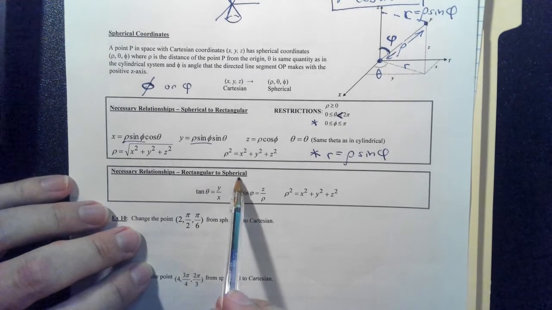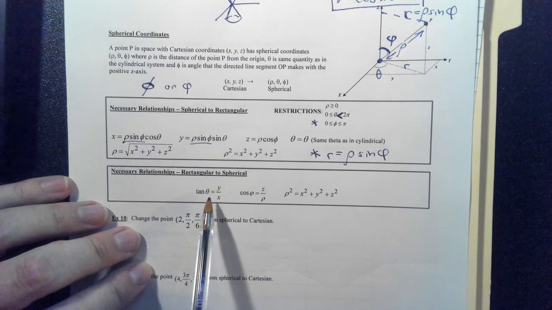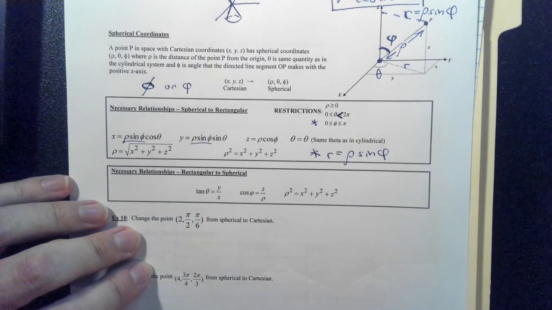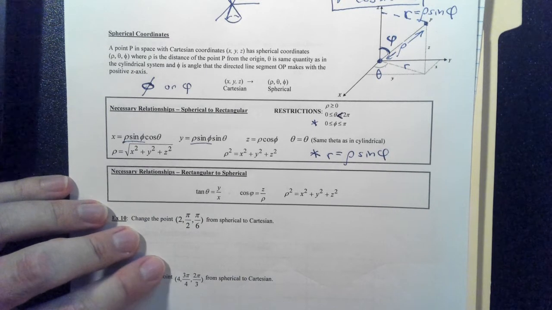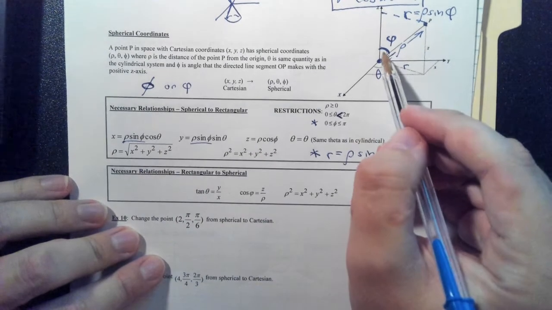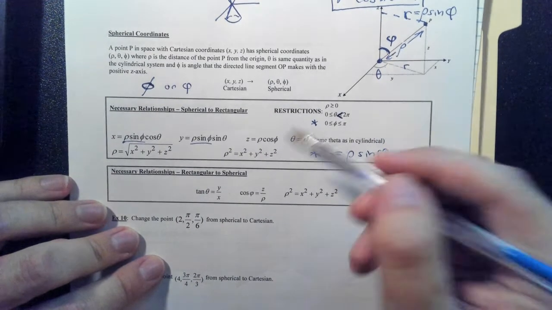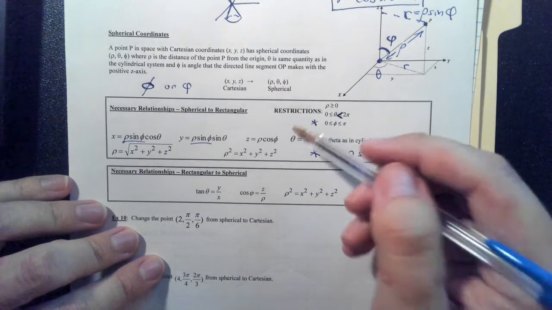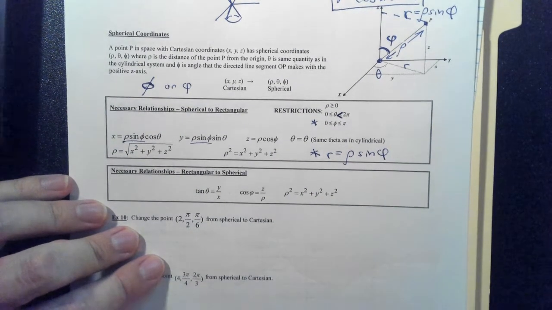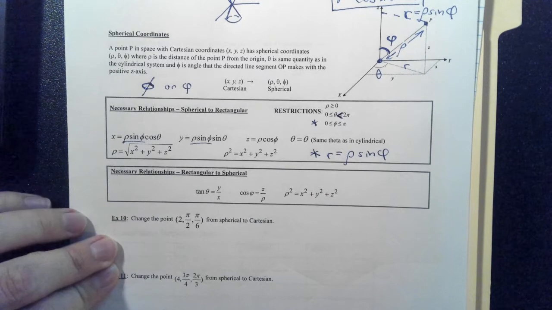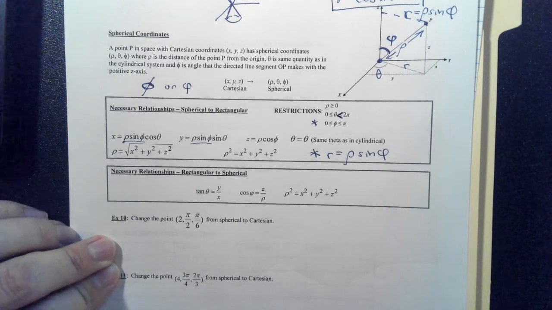If I need to go in the other direction, I remember the property that the tangent of theta is equal to y over x. The cosine of phi is z over rho, the same way we justified it up here. And rho squared, as I said, is x squared plus y squared plus z squared.